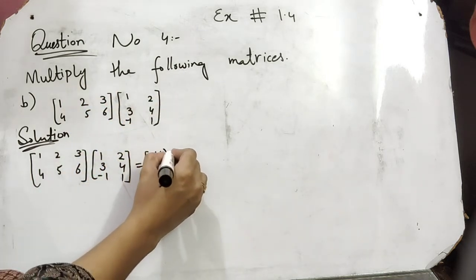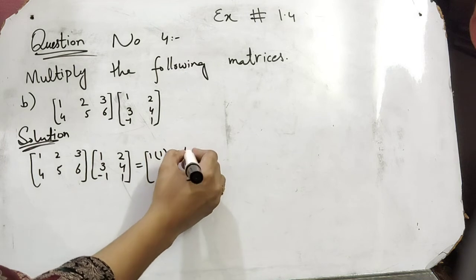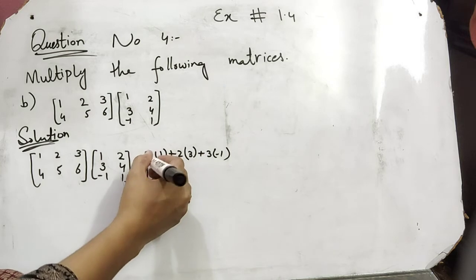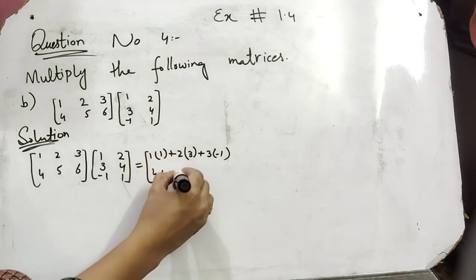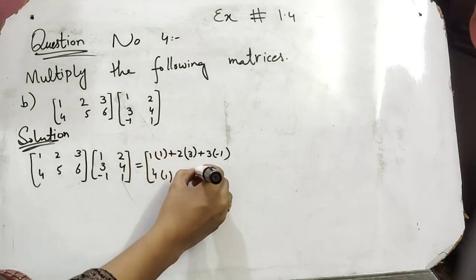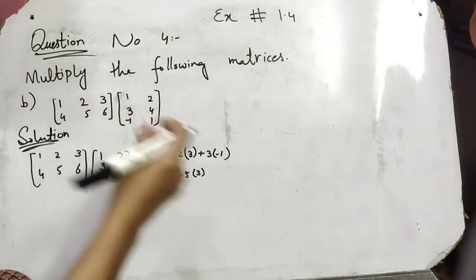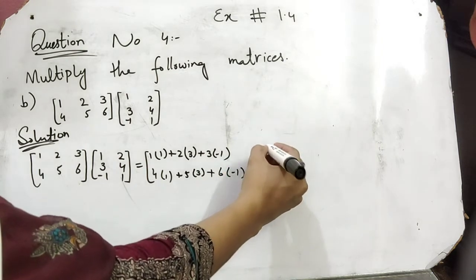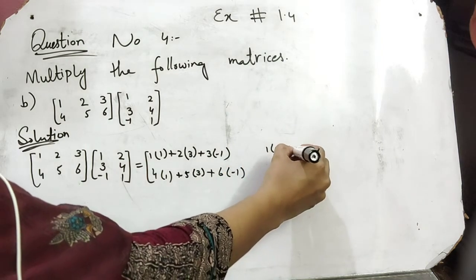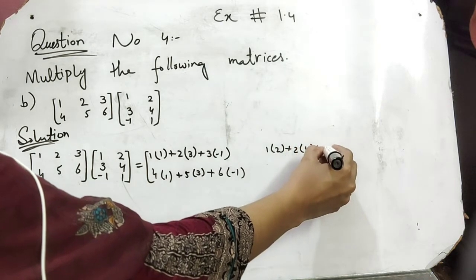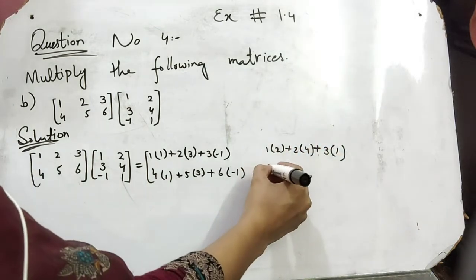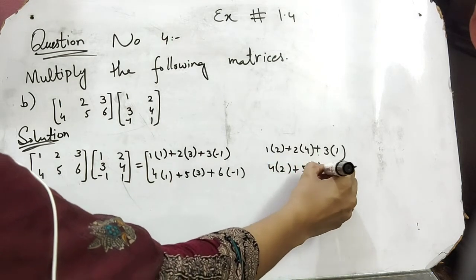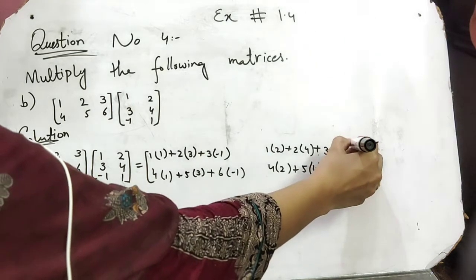Which will be equals to 1 into 1 plus 2 into 3 plus 3 into minus 1, 4 into 1 plus 5 into 3 plus 6 into minus 1. The next is 1 into 2 plus 2 into 4 plus 3 into 1, 4 into 2 plus 5 into 4 plus 6 into 1.